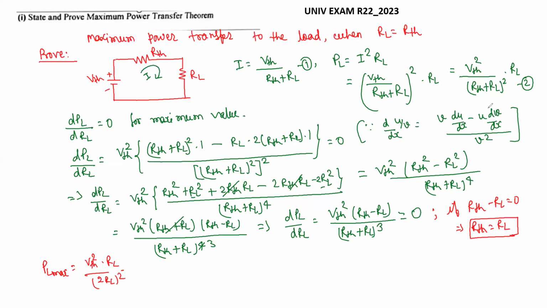So here what we are doing in equation 2, in place of RTH we are writing RL, or in place of RL you can write RTH. In both cases, your expression will become BTH squared by 4 RL, or you can write BTH squared by 4 RTH. So this is the maximum power transfer theorem, the condition is that RTH should be equal to RL, then only maximum power will be transferred.